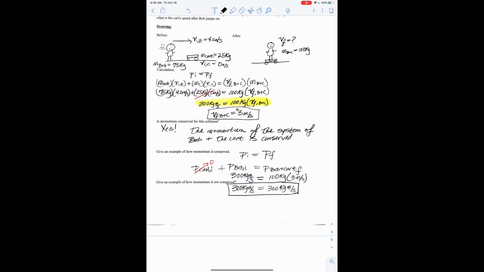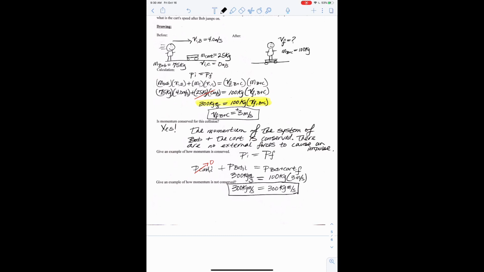The idea being there are no external forces to cause an impulse. Remember, an impulse is a change in momentum.